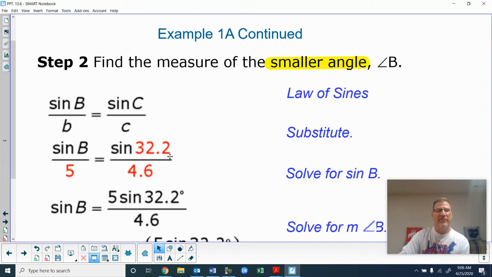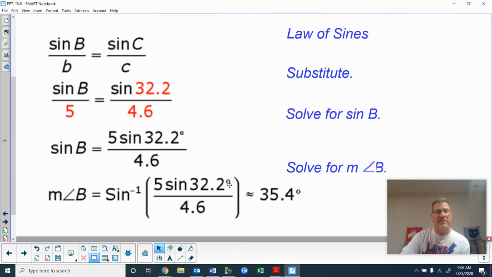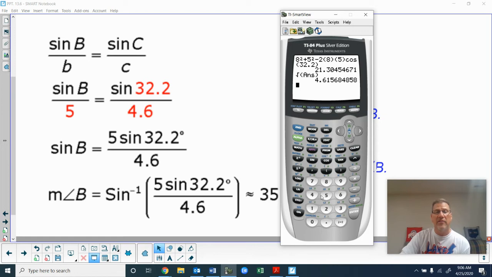So we cross multiply: 5 times the sine of 32.2 divided by 4.6. Okay? And let's do that. 5 times the sine of 32.2, close it up, divided by 4.6, is 0.57921.